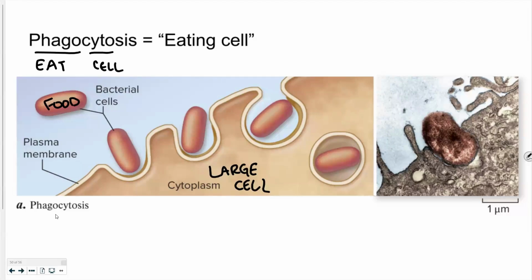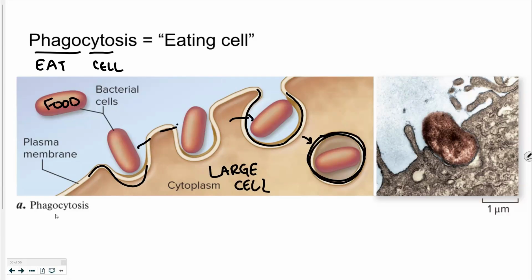What we're going to do is take that plasma membrane and pinch it off. And we're just going to keep folding that plasma membrane until eventually this little bacterium gets totally trapped. And then we can take this bacterium that's encased in part of our plasma membrane.